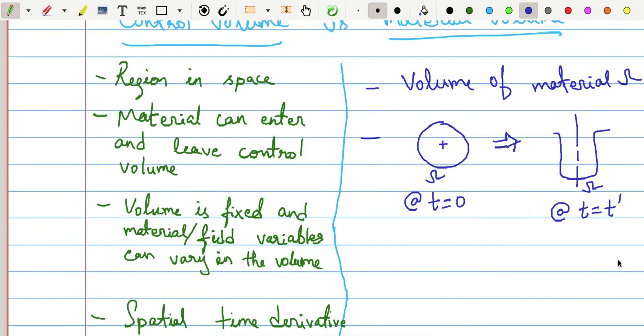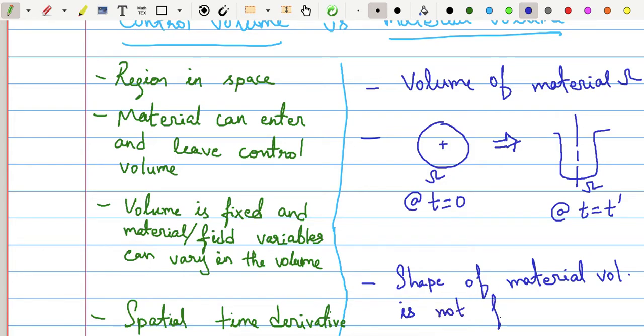So the second kind of approach is tracking the material itself, or tracking the material volume. Now when you're tracking the material volume, the shape of the material volume is not fixed, meaning it can evolve with time.